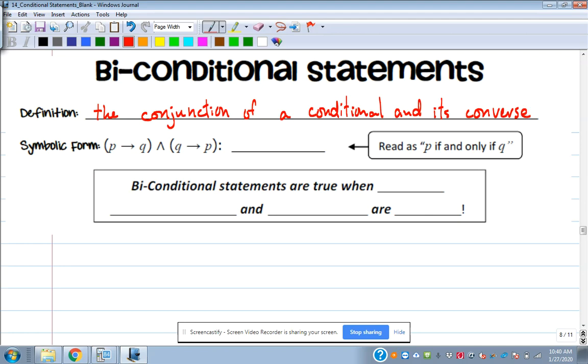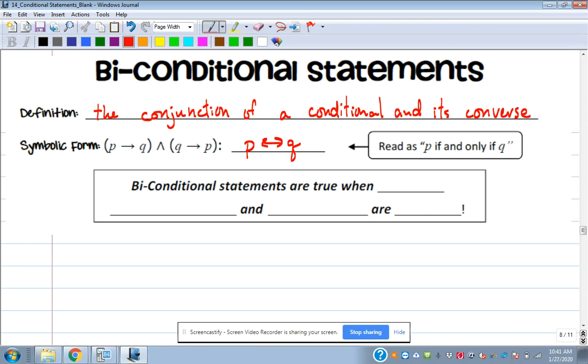The symbolic form is P implies Q and Q implies P. The shorthand of that is a double-sided arrow, an arrow going both ways. And the way we read that is P if and only if Q. Biconditional just means it works in both directions. Big fancy words and all that notation just means it works in both directions.